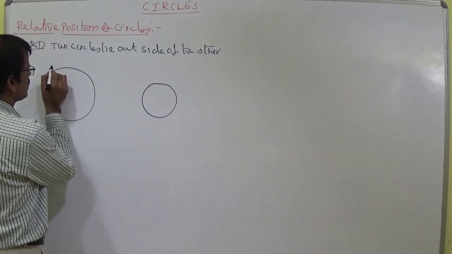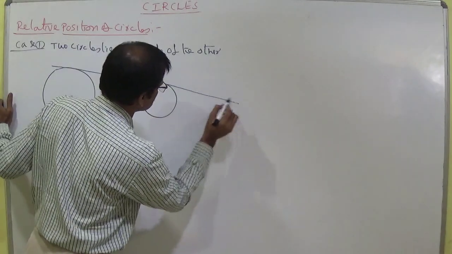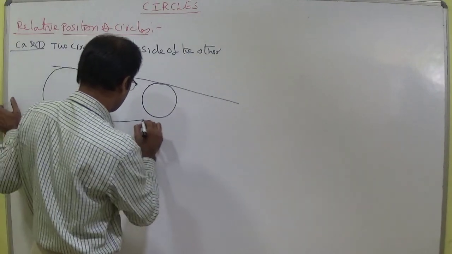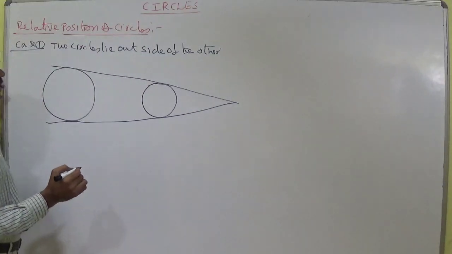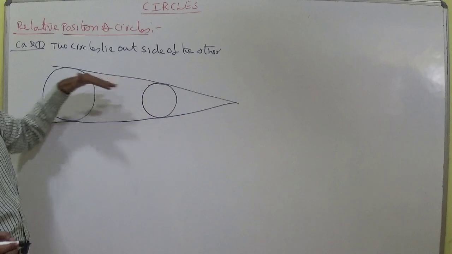Here 2 circles lie outside of the other. Draw like this and draw like this. Here for 2 circles we have drawn 2 tangents for this and this.